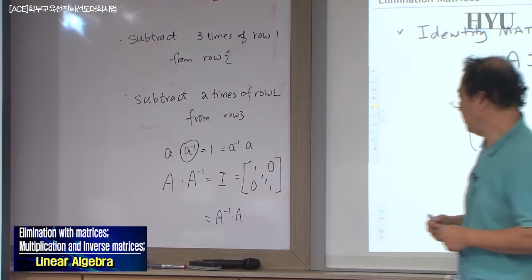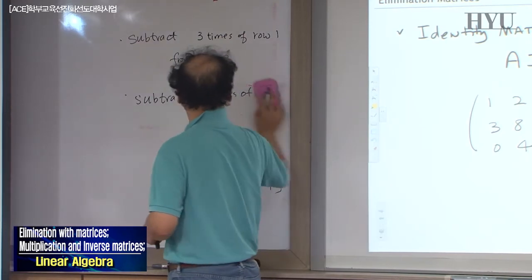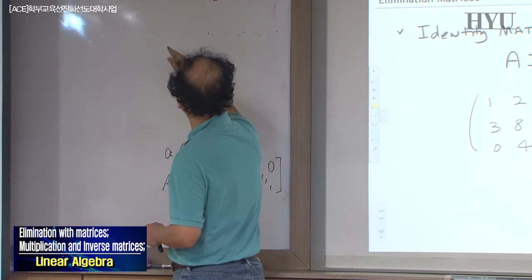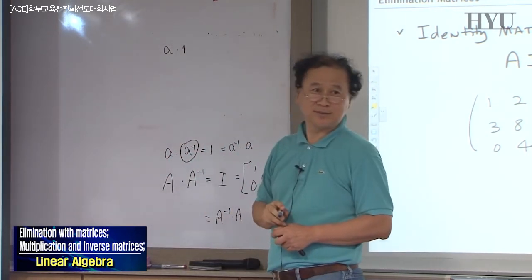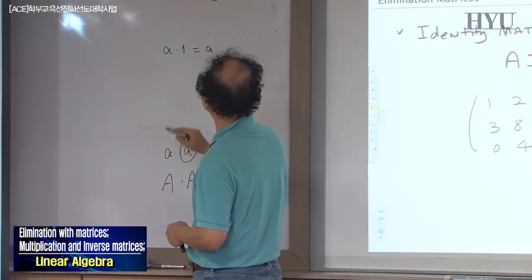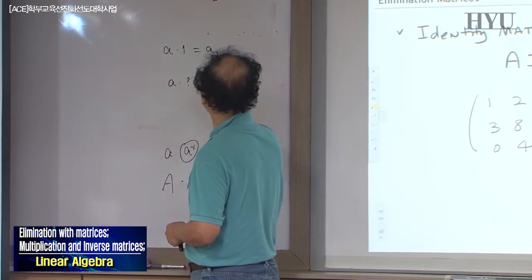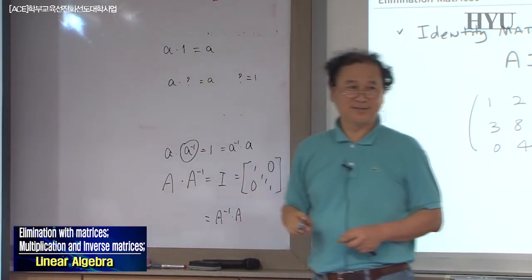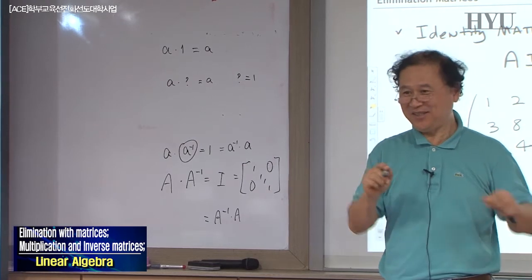What is A times 1 in scalar? It's A, right? Except when A is 0, in which case I have no idea.